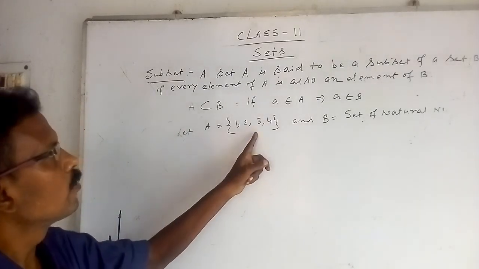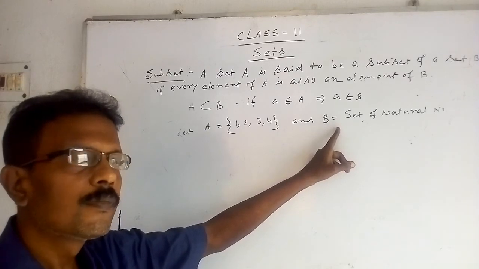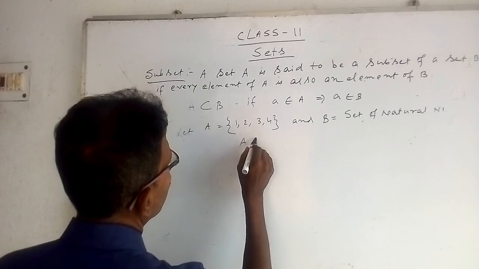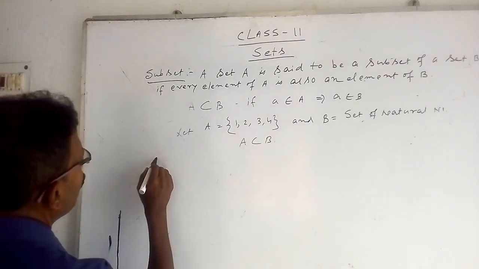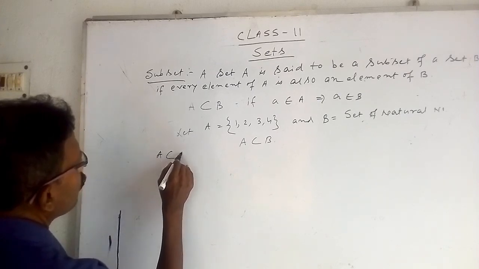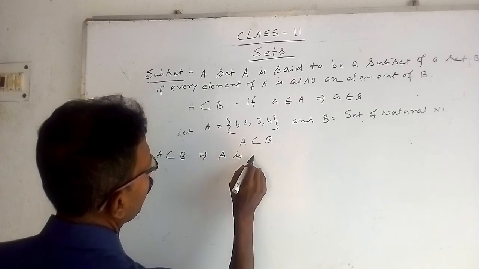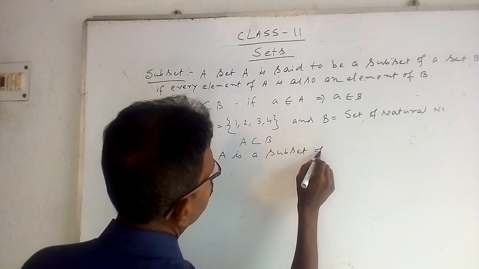Therefore, every element of A, that is 1, 2, 3, 4, must belong to B, and hence A is a subset of B. Now A is a subset of B. This is called, it implies A is a subset of B.